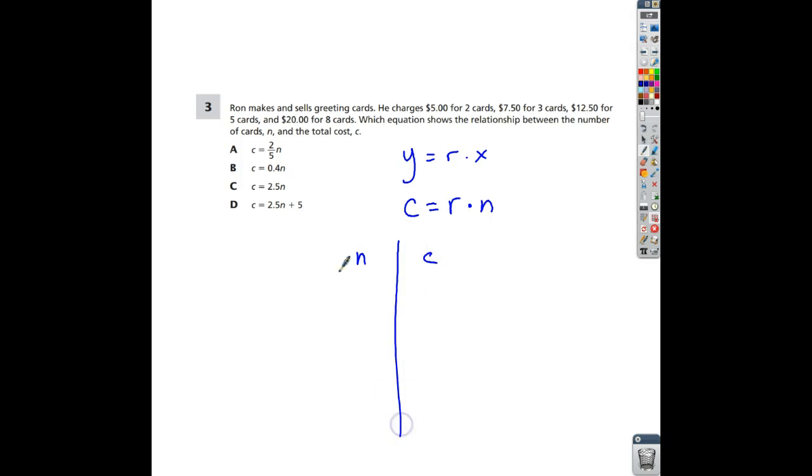Again, this would be x and this would be y. You could graph it if you want, but I'll say 2 cards is $5, 3 cards is $7.50, and 5 cards is $12.50.